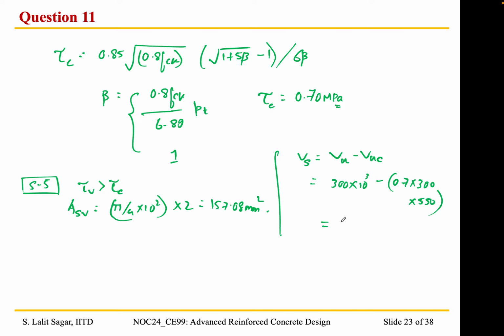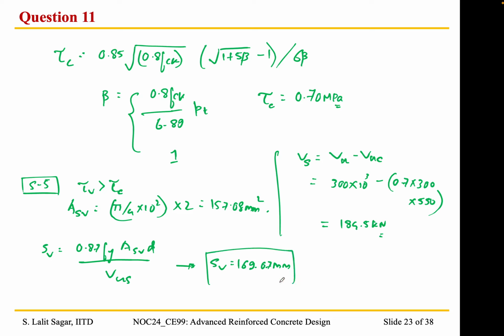Okay, so that is 184.5 kilonewton, right? So we have the expression for spacing of stirrups, that is SV is equal to 0.87 Fy into ASV into D by VUS. So when you plug all the values, we get the value of SV as 169.07 mm.